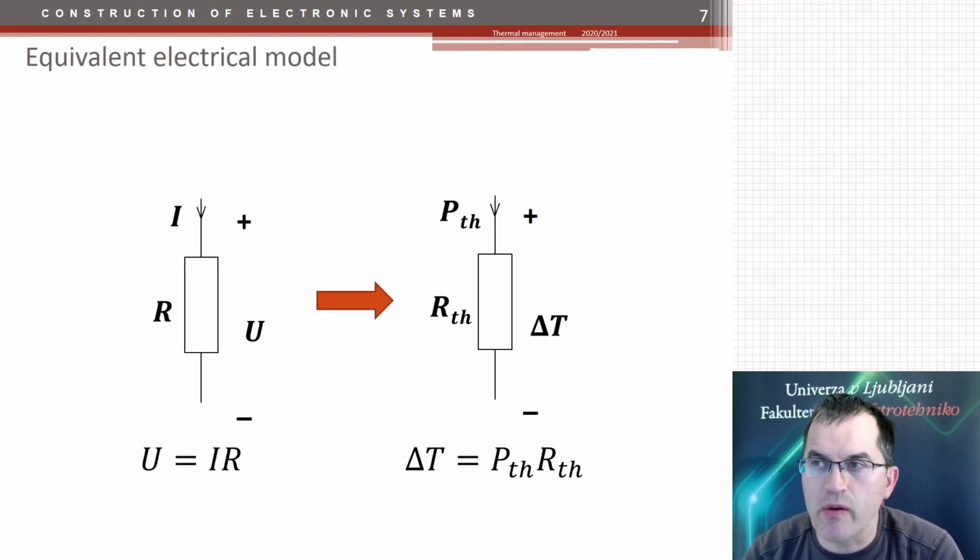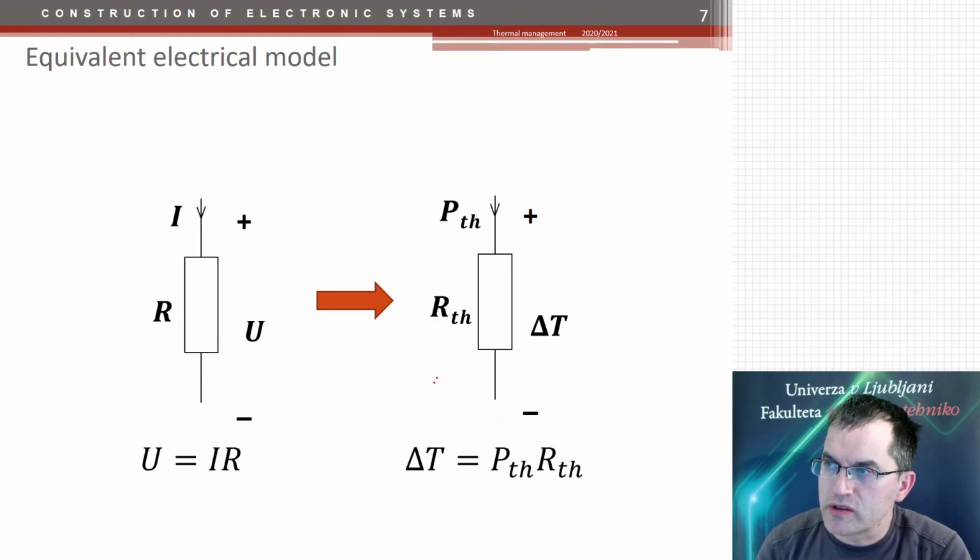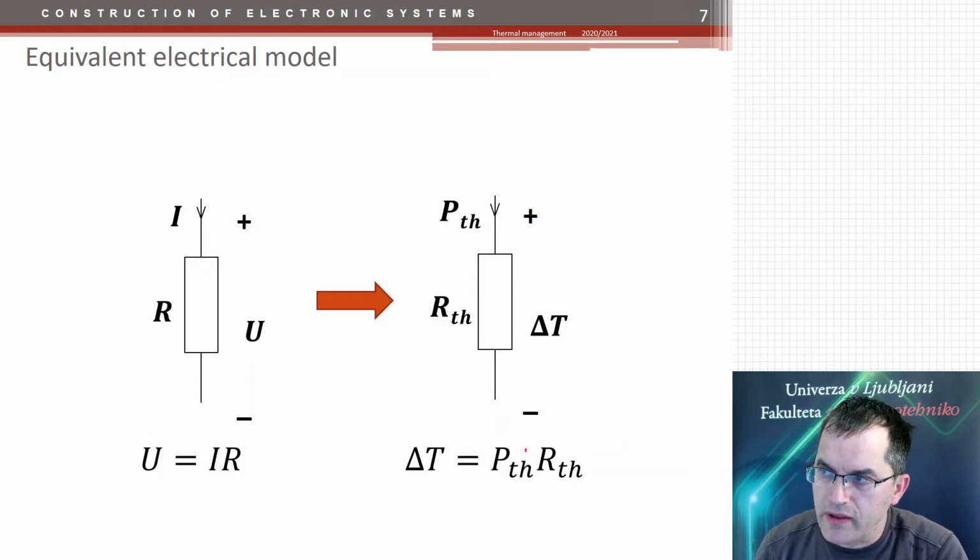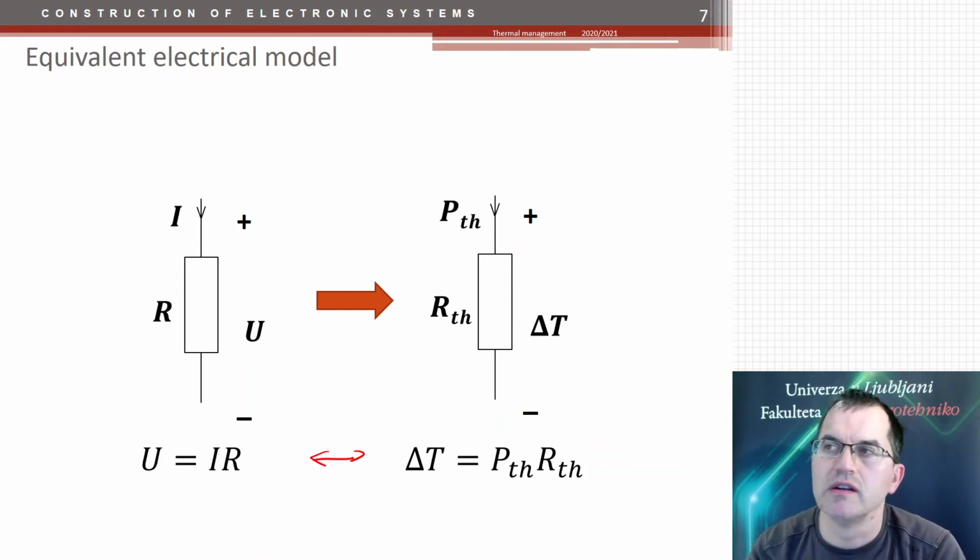So actually we have an equivalent electrical model, which models the heat transfer with the same equation as Ohm's law. Ohm's law tells you that the voltage is proportional to the current and resistance, while here the temperature difference corresponds to voltage, the current corresponds to power, and the resistance to the thermal resistance. So this is the equivalent thermal electrical model. So we can use electrical circuits to model heat transfer.